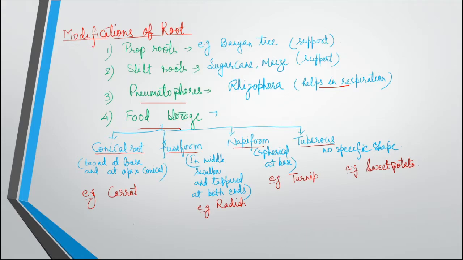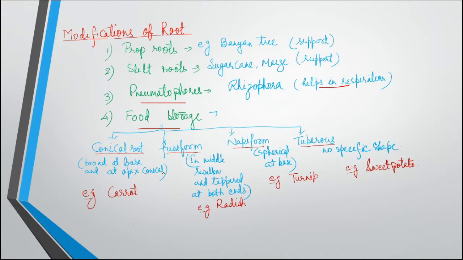Then food storage. Some of the roots undergo modification for food storage. These are of the following types: conical, fusiform, napiform and tuberous. Conical root, for example carrot, is broad at the base and becomes conical toward the apex.